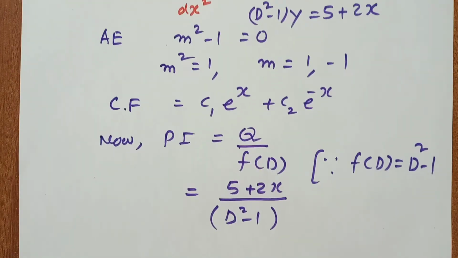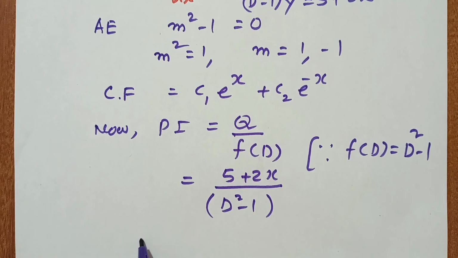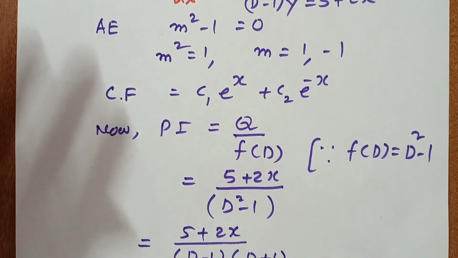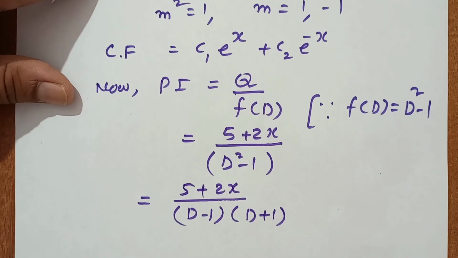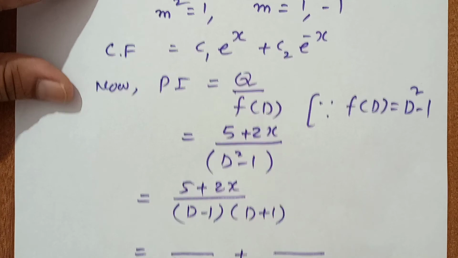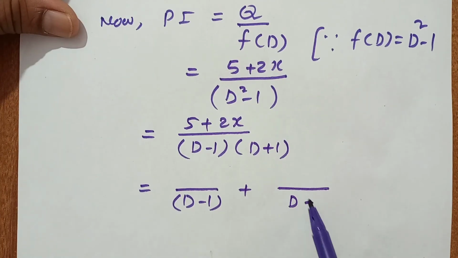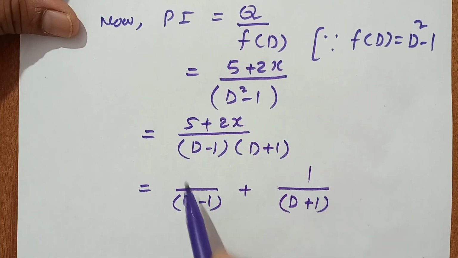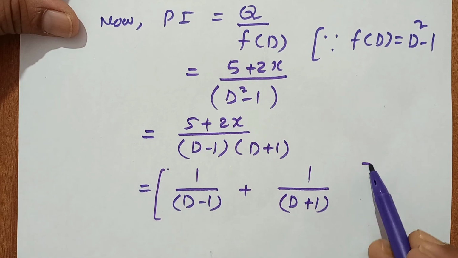Now we have the formula Q upon D minus alpha, that is, linear in terms of D. So first we factorize this function f(D): 5 plus 2x upon (D minus 1)(D plus 1). Then we will solve by partial fractions, 1 upon (D minus 1)(D plus 1). How do we calculate this?